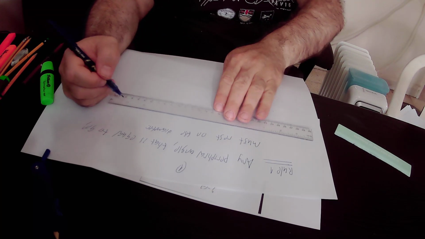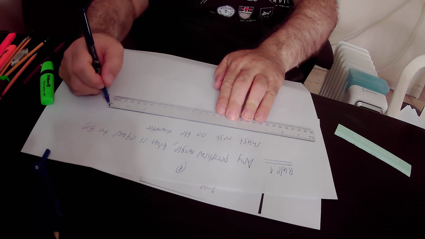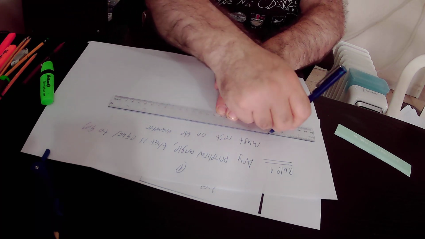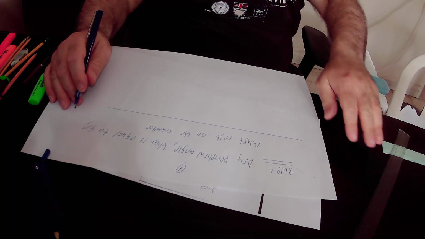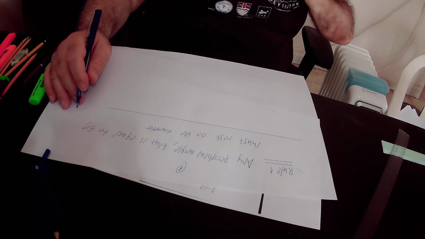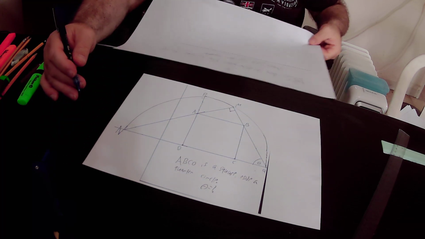I will read again rule number 1. According to rule number 1, any peripheral angle that is equal to 90 degrees must rest on the diameter.